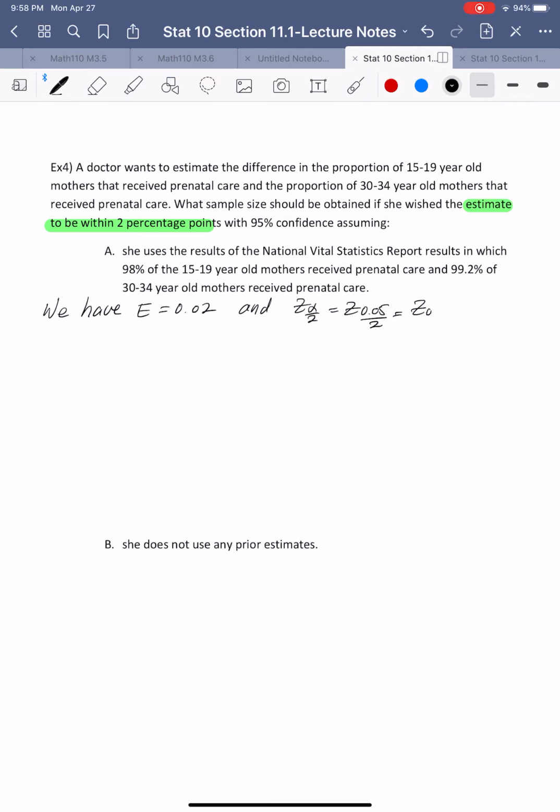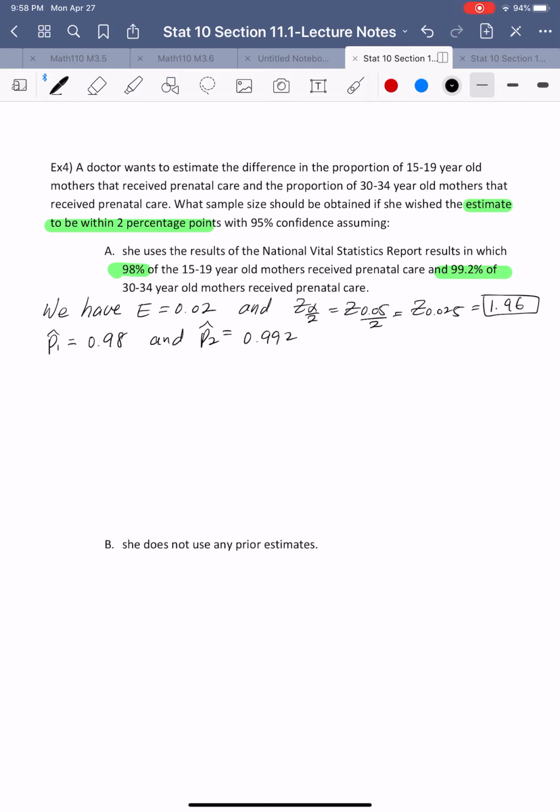So it's going to be z sub 0.025, which is 1.96 that you can find. And then we're going to say p1 hat is going to be 0.98, and p2 hat is going to be 0.992. So we are using these two percentages to compare young moms and older moms.